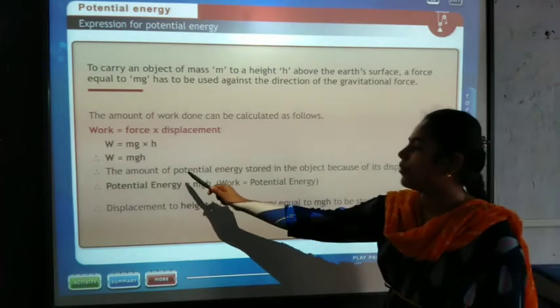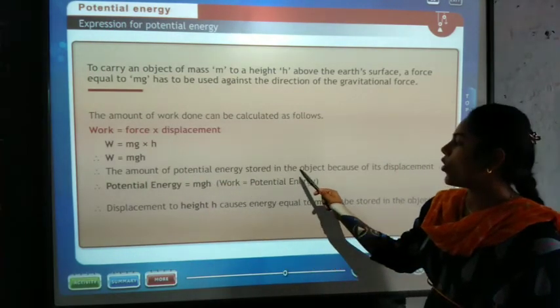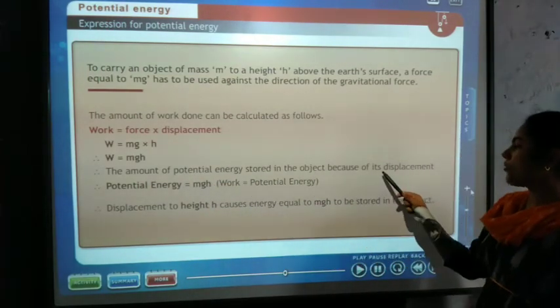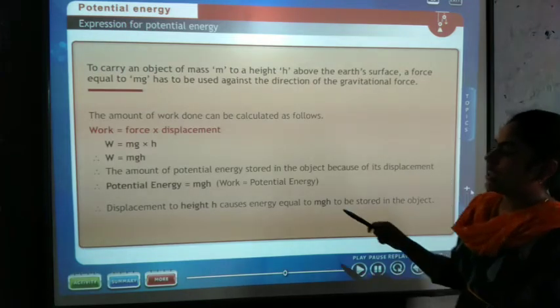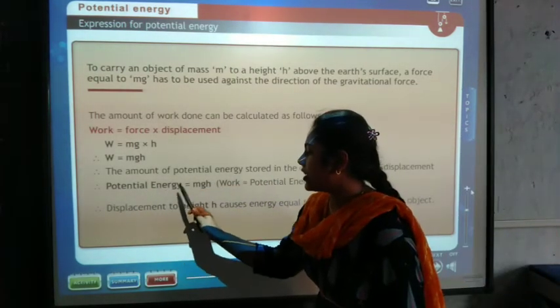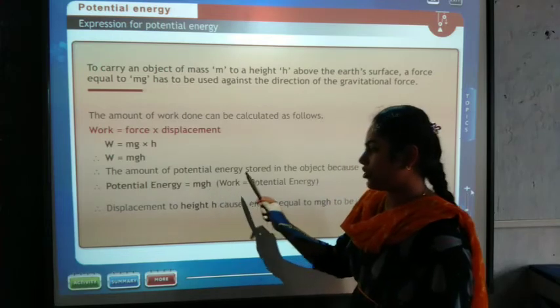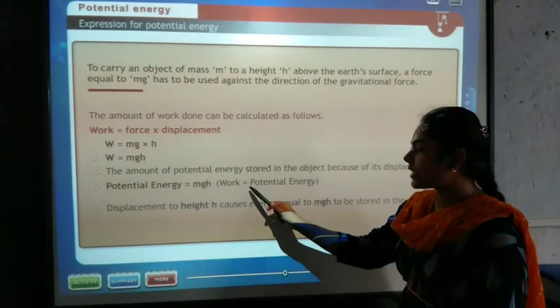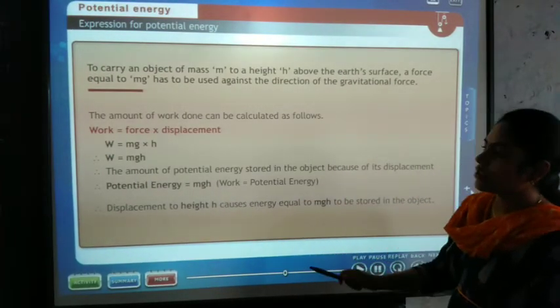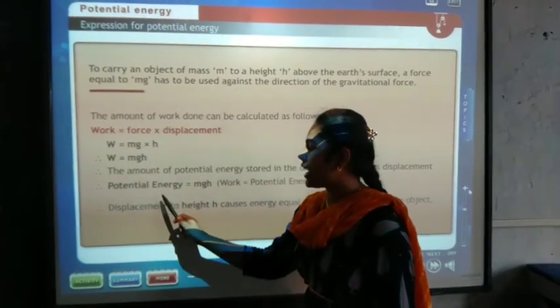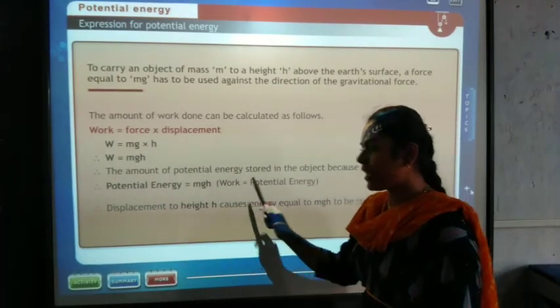Therefore, the amount of potential energy stored in the object because of its displacement is equal to mgh. We know that work is equal to potential energy. So we will write here potential energy is equal to mgh.